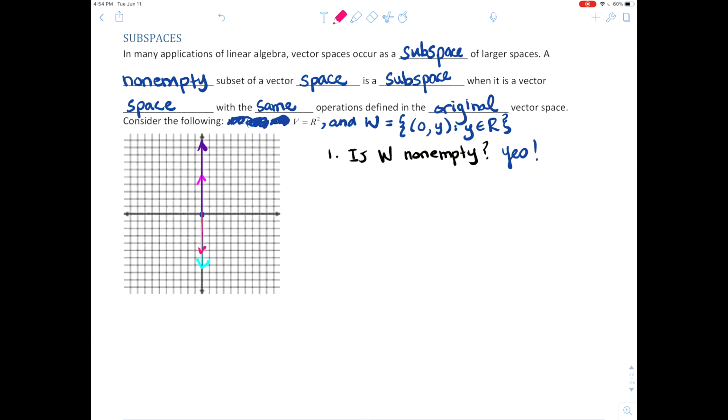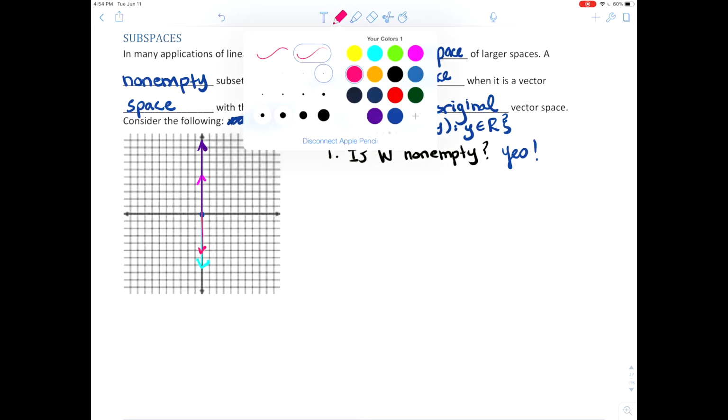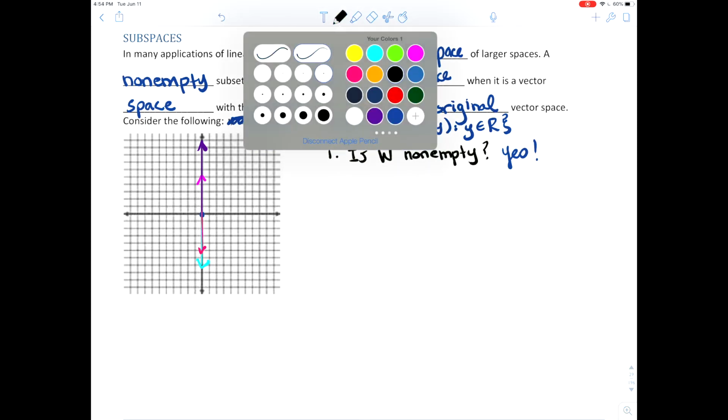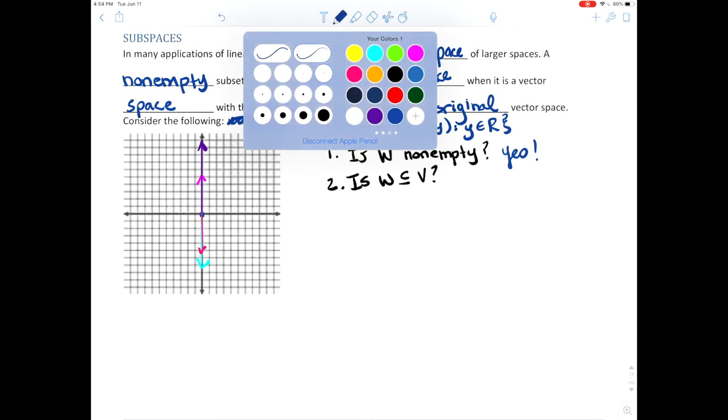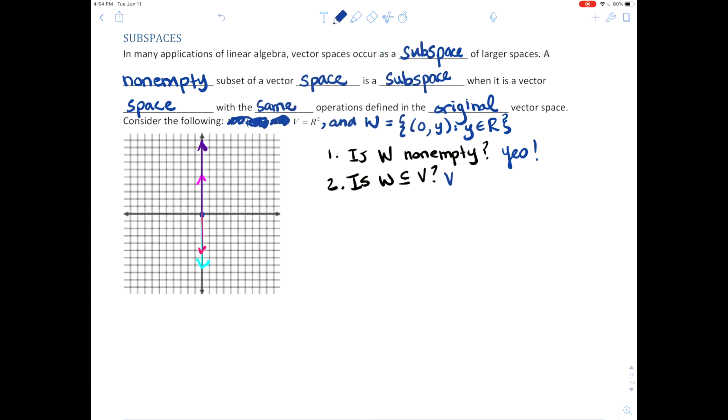Okay, so W is non-empty. Now, number 2. Is W a subset, that's the notation for subset, of V? Well, that's really asking us, isn't V equal to R2?